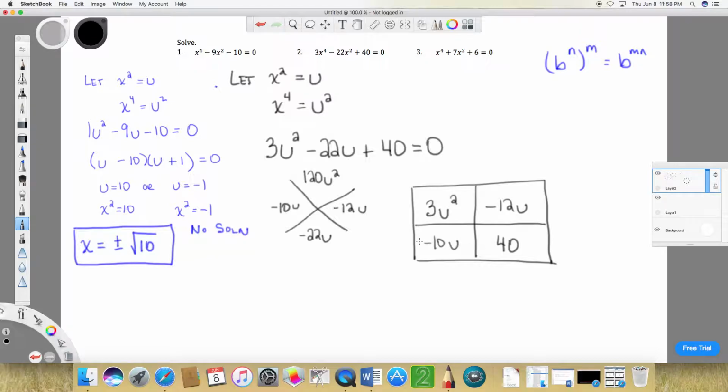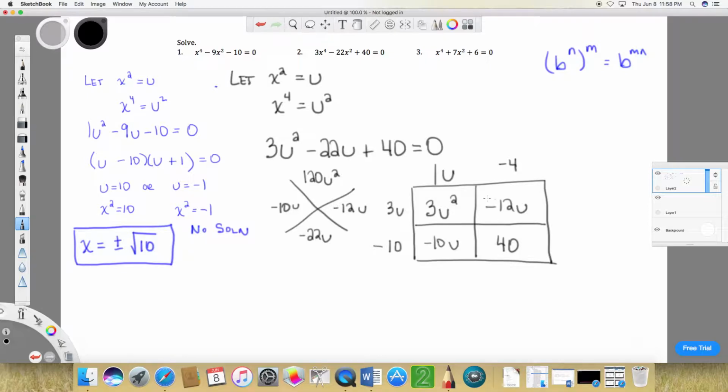So now I can factor this. Whenever I have a diagonal that's negative, I'm going to factor out negative numbers, a negative 10 and a negative 4, because negative 10 times a negative 4 is positive 40. If I look here, I have 3u, and if I look here, I just have u.